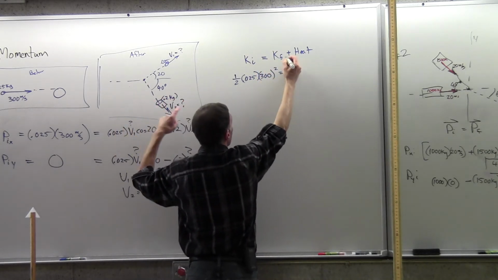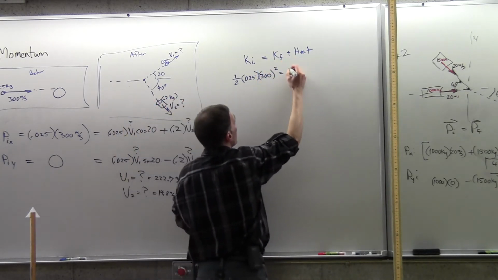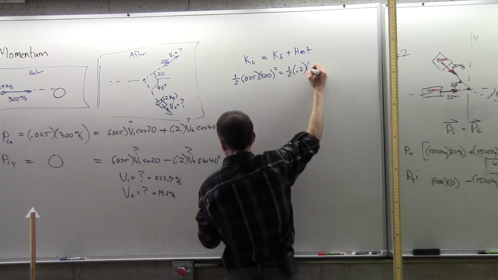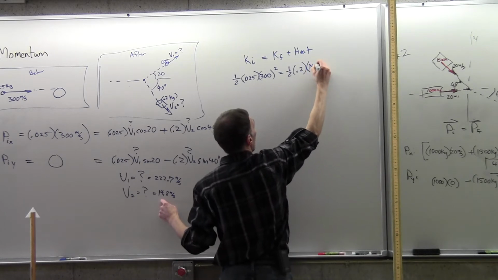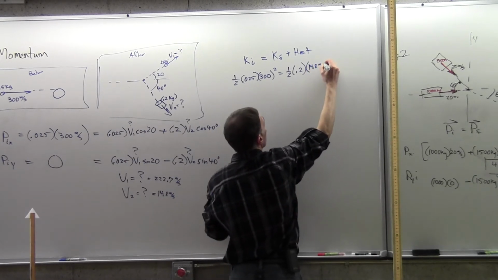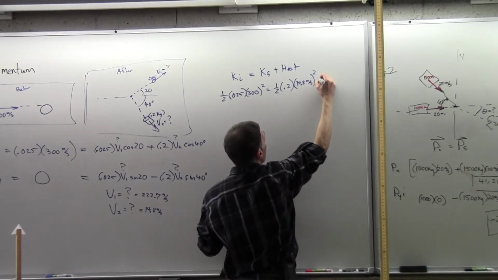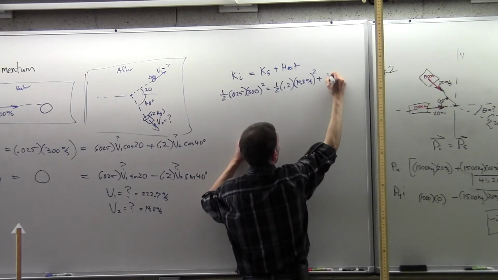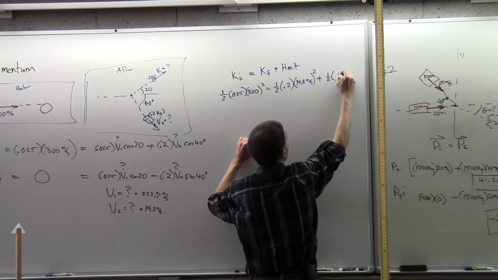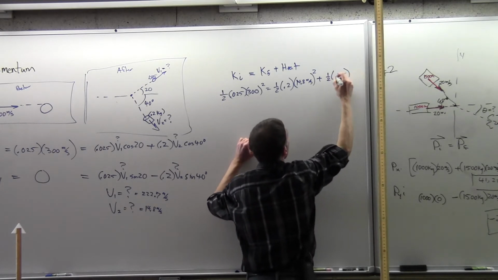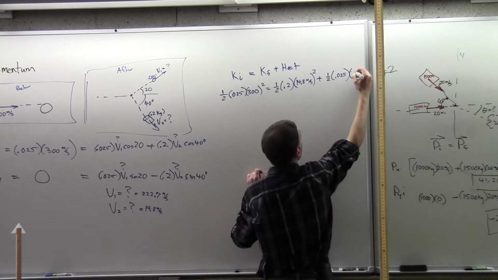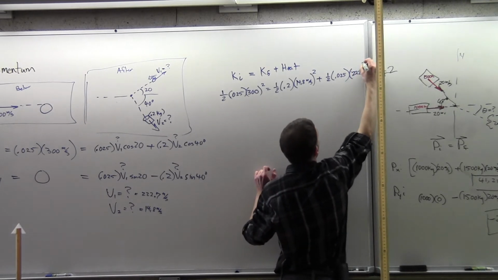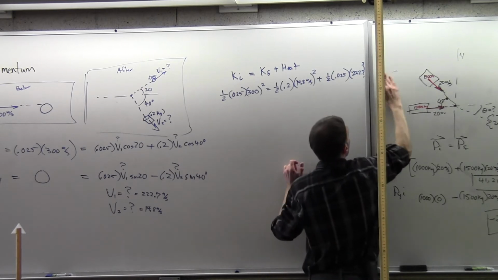You get the two of these. Now we're going to have two terms. I'm going to have a 1/2 of 0.2 for the can times its velocity, 14.8 meters per second. I'm going to square that. Plus, I have to get the kinetic energy of the bullet. We have both of them together. 1/2, and that's 0.025 times its speed of 2.7, and that's squared, plus heat.